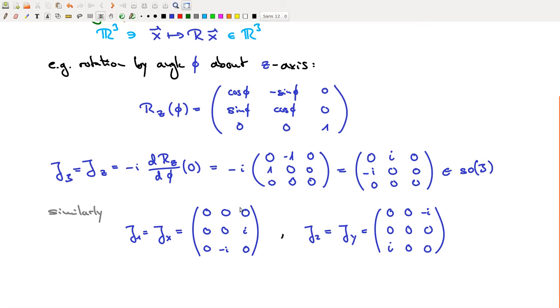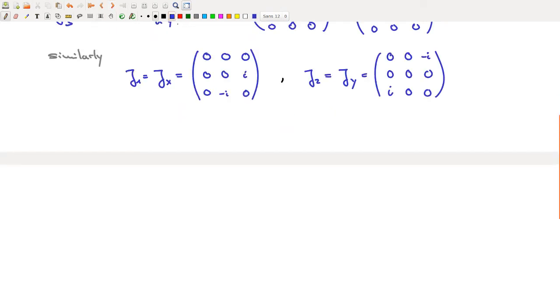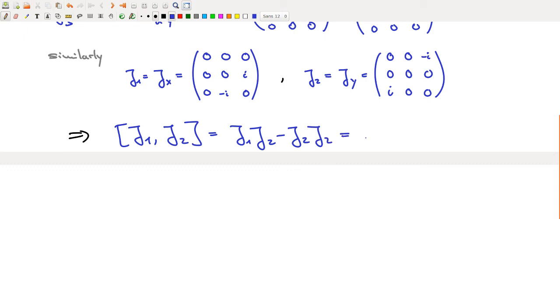And now by really just multiplying matrices, you would find that, for example, the commutator of J1 and J2, matrix commutator, that's just taking J1 J2 minus J2 J1, that's in the end just minus I J3. And similarly for the others. So if you've never seen this, check this for one pair.